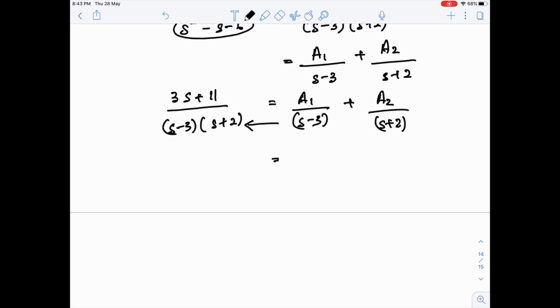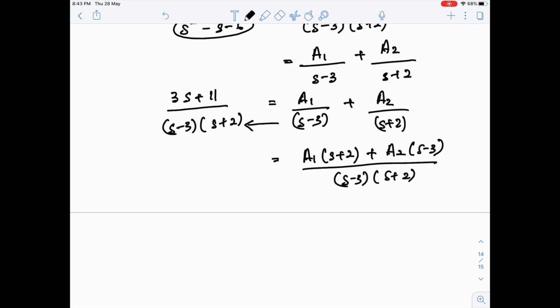So we multiply crossly, where you will get a1(s plus 2) plus a2(s minus 3), and then you get the denominator that is the same as the left hand side. Look at here, it's the same, right?